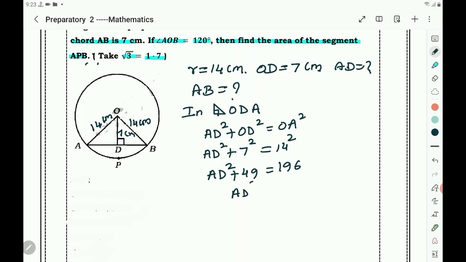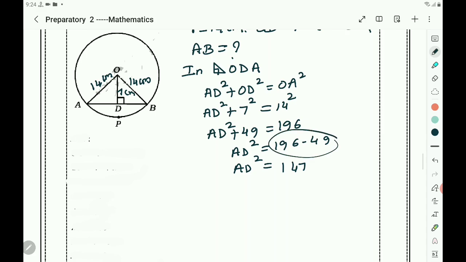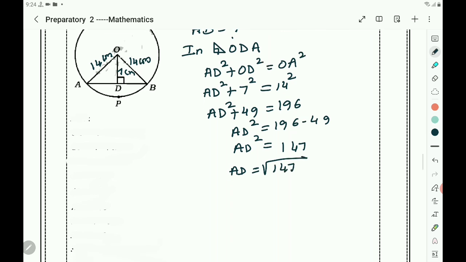Then AD square equals 196 minus 49. 16 minus 9 is 7, then 8 minus 4 is 4, 1 is remaining: 147. 196 minus 49 is 147. Then AD equals root 147.